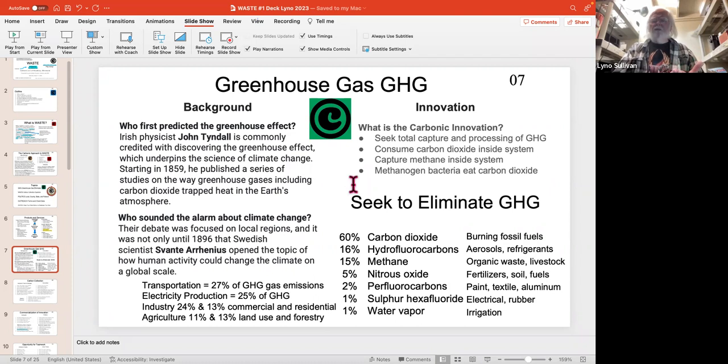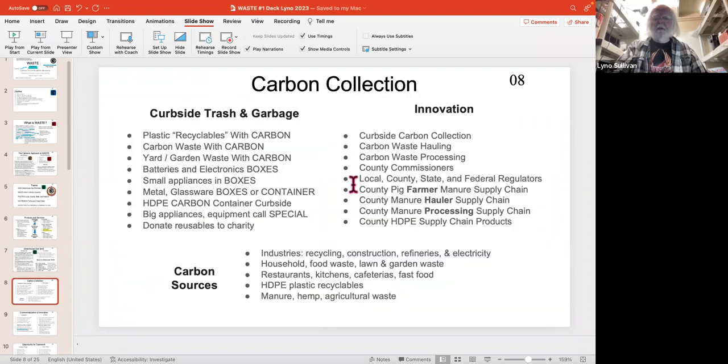We know those lessons. Methane, fertilizers, sulfur from electrical, rubber, irrigation, small stuff. Carbon dioxide's the big stuff in terms of eliminating GHG, and methane is 15%. As I mentioned, hydrofluorocarbons are being dealt with.